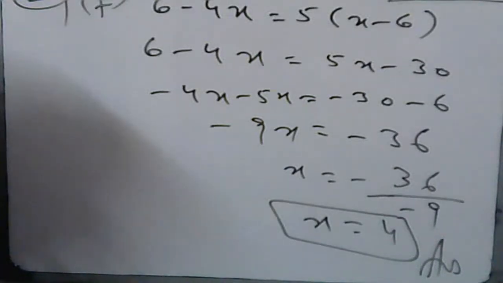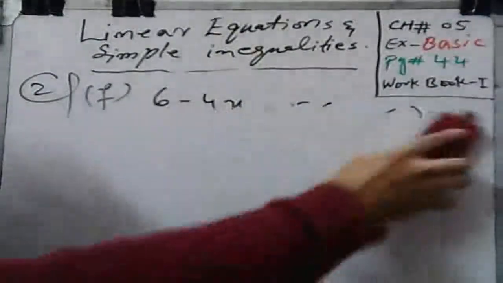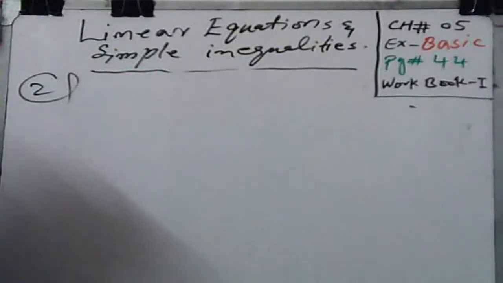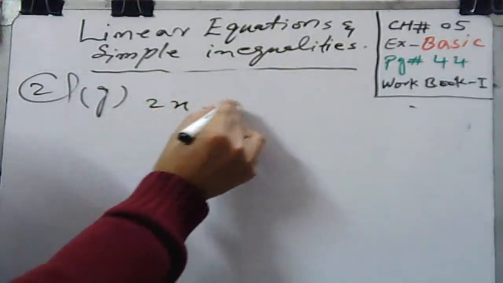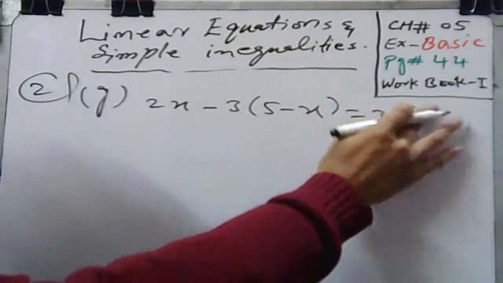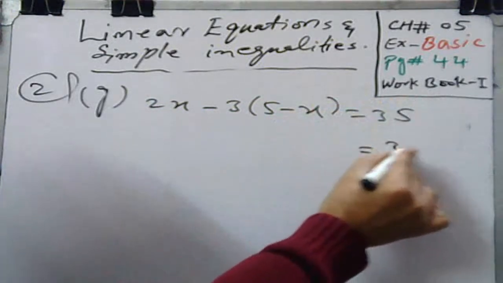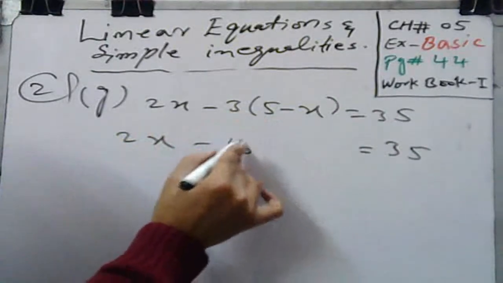Similarly in the next G part, 2x minus 3 into 5 minus x is equal to 35. 2x minus 15 plus 3x.